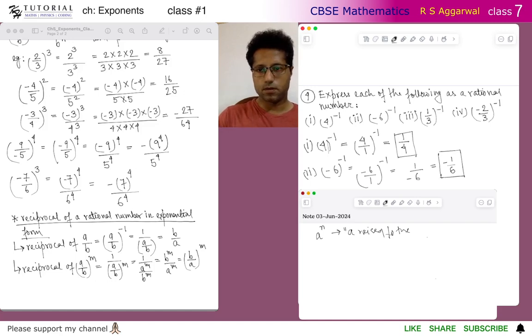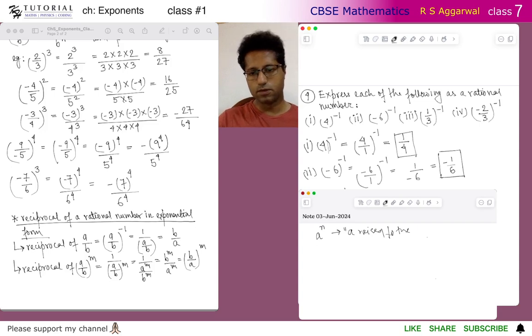Okay. 3, the reciprocal of 1 by 3. We just reverse the numerator and the denominator of the rational number. So, this becomes 3 by 1, which is basically 3. 4, minus 2 by 3, its reciprocal.